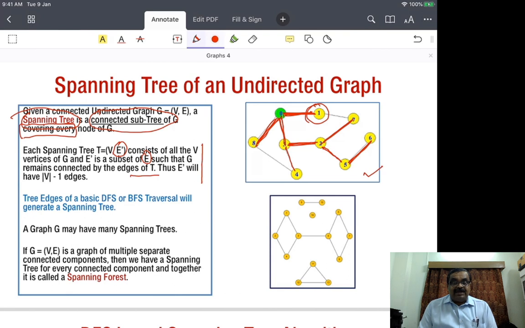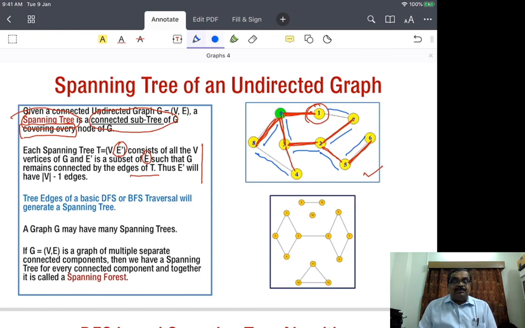There can be many spanning trees of the same graph. For example, if we look at the same graph, we can draw a spanning tree by including these eight edges. Here again we have 8 edges and it's a different spanning tree.